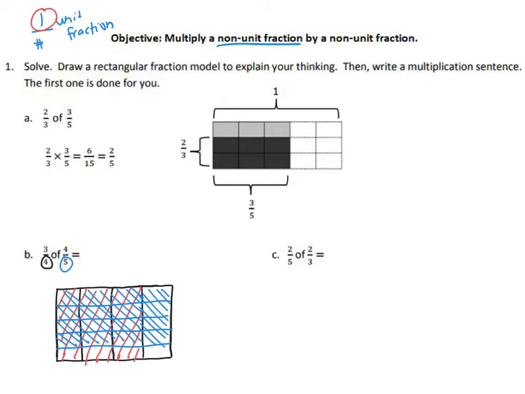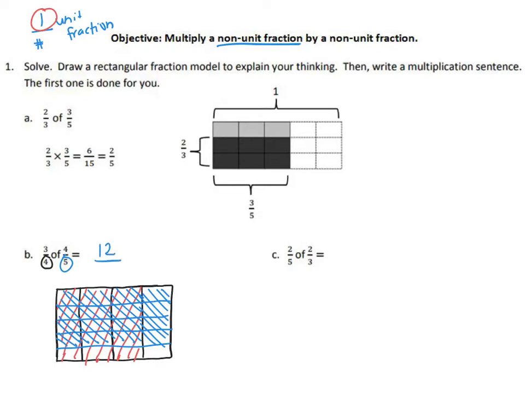Now 4 of those fifths are shaded in. Now we're looking at the crisscross. Where are the lines going this way and this way? Well, there's 1, 2, 3, 4, 5, 6, 7, 8, 9, 10, 11, 12. So our numerator will be 12.